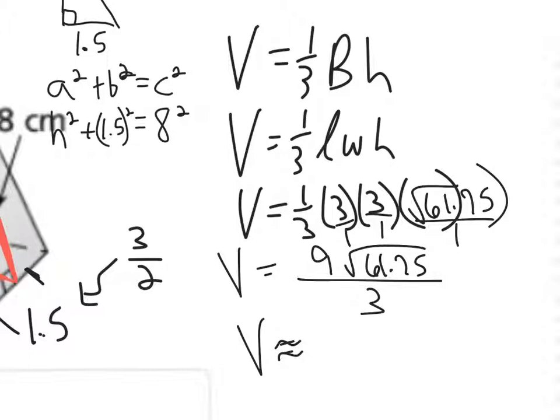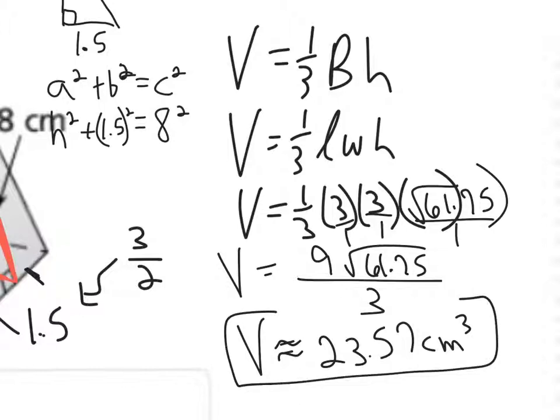The directions here said they want us to round to the nearest hundredth. So if you work that out, you should get about 23.57 cubic centimeters. And again, what you may want to do is actually get the answer for the numerator and then divide it by 3.